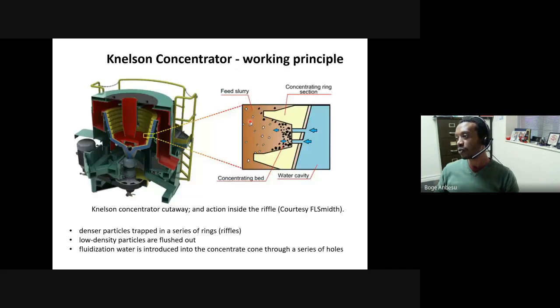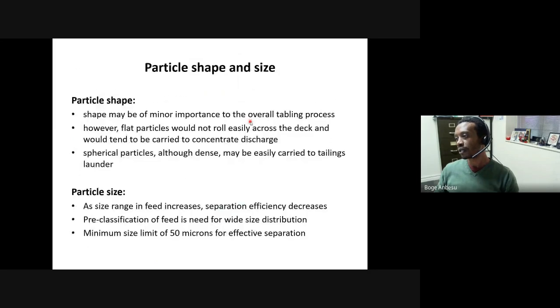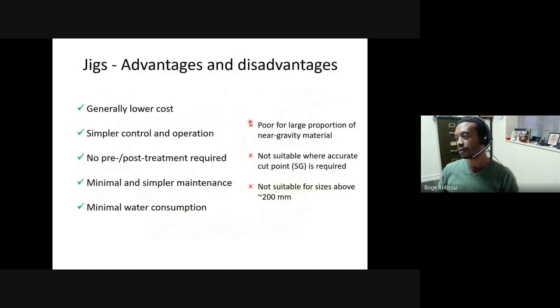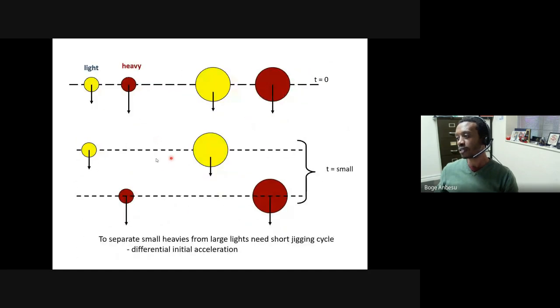Okay, so the situation you want to create is, it's going to take a while. So the situation I want is something like this. I know my target particles are both in fine size and in coarse size.